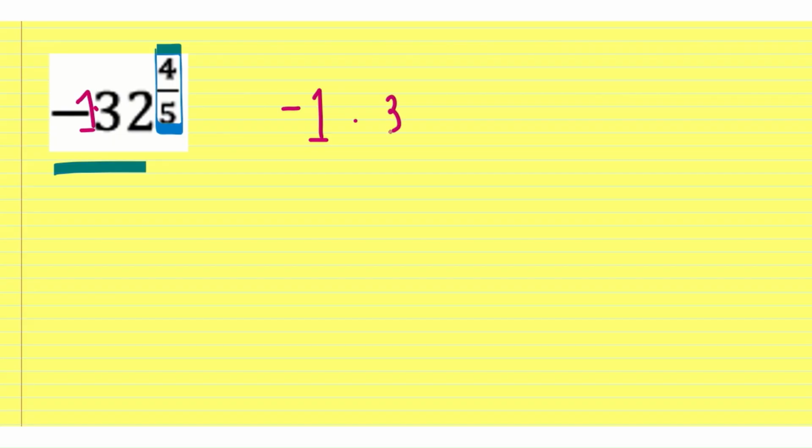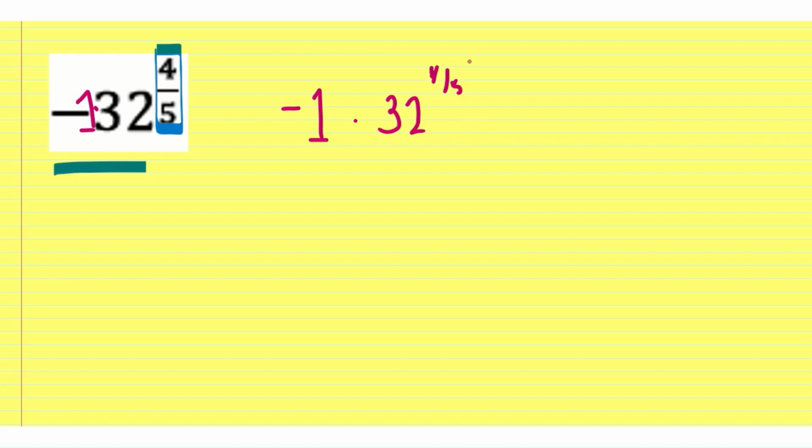Okay, this problem says negative 32 raised to the 4/5 exponent, but this rational exponent does not apply to the -1 because it is not in parentheses. So we are going to separate it out because there's like an invisible 1 right there times that 32. So -1 times the 32 raised to the 4/5 power.